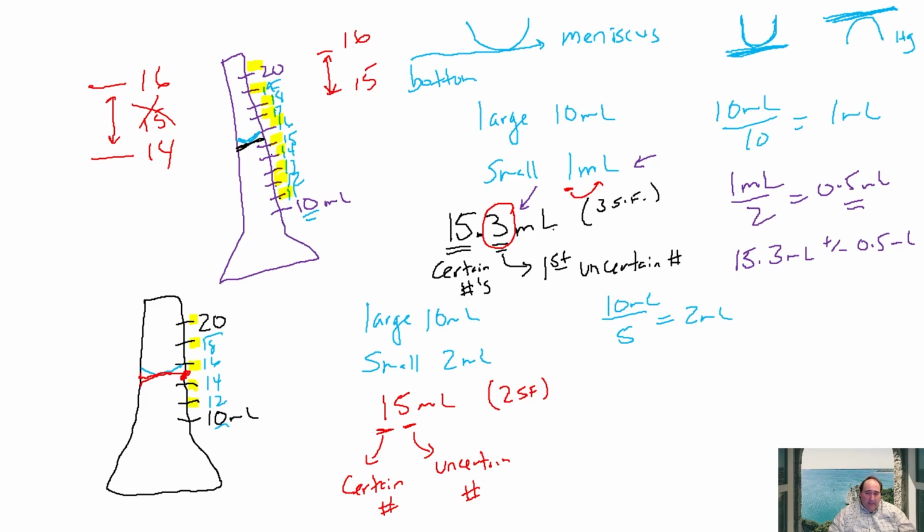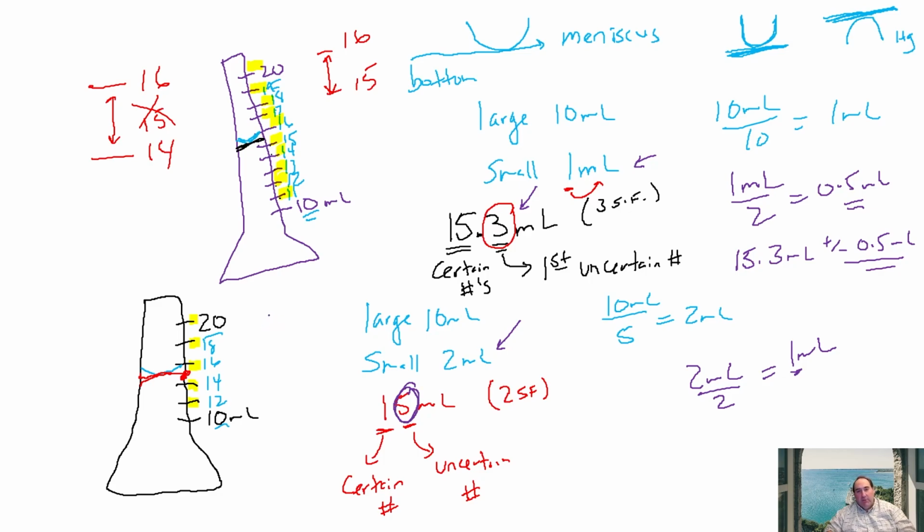For our purposes here, you don't have to record the plus or minus, but you could use it to figure out how far you need to take the reading. Even on tricky things, like our smallest marking on this one was 2 milliliters. If I take the 2 milliliters and divide it by 2, that tells me 1 milliliter, which is the whole number, and that is exactly what I took the reading to.